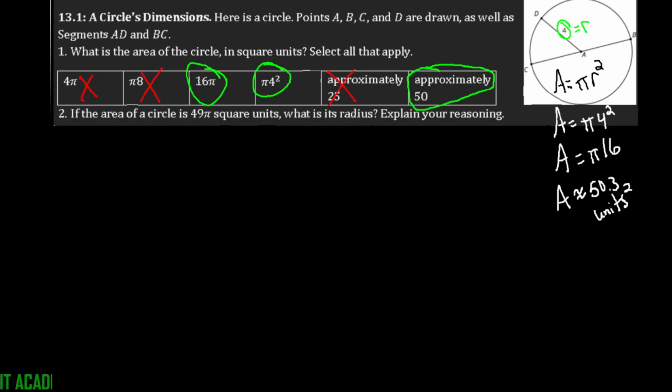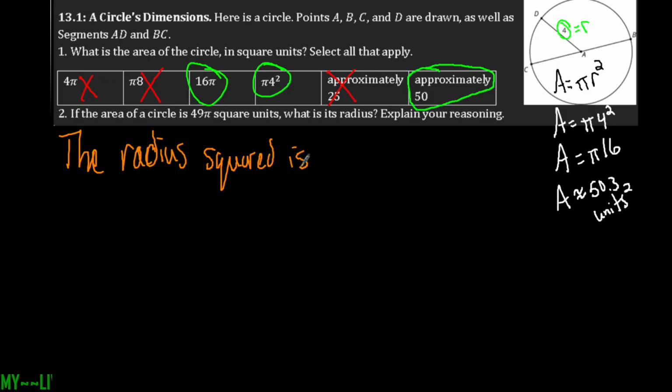So we're going to say, well, if the area is 49 pi, the radius squared is equal to 49.